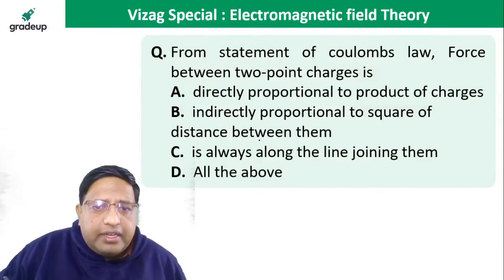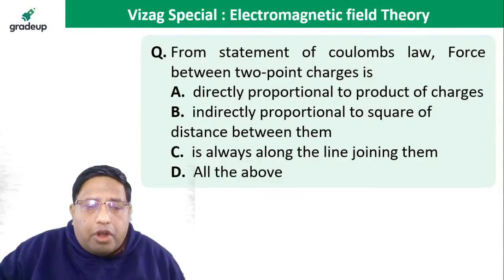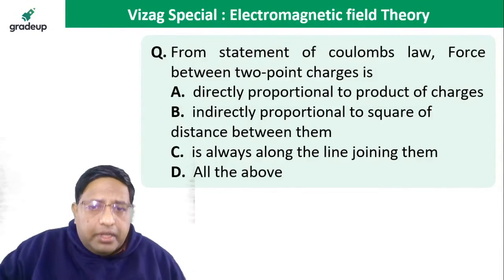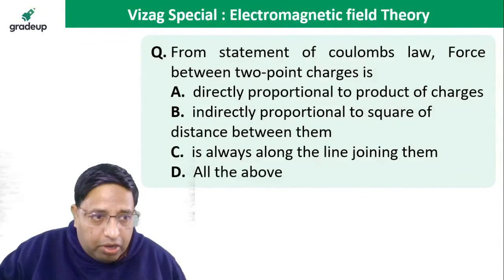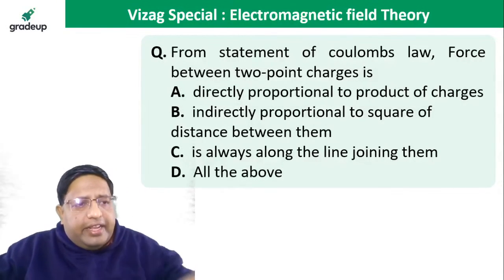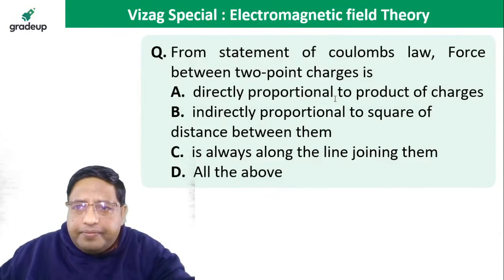Four options are there: A, directly proportional to the product of charges; B, indirectly proportional to the square of the distance between them; C, is always along the line joining them; and D, all of the above. Try to give the answer. Very easy question of the electromagnetic theory.